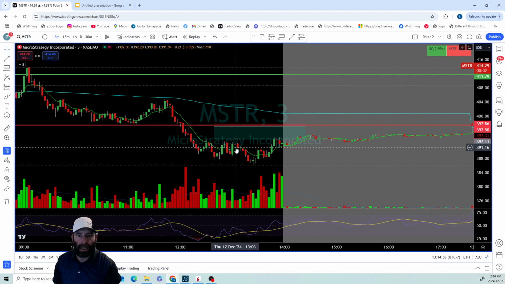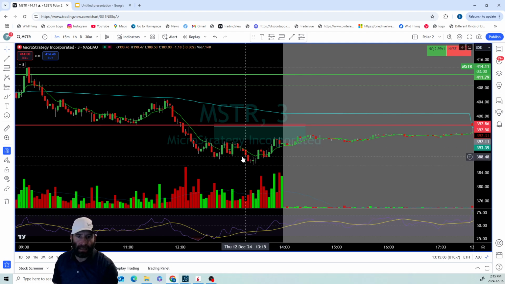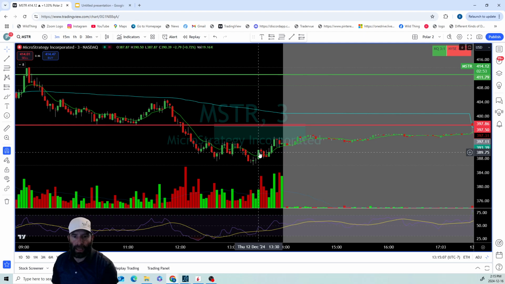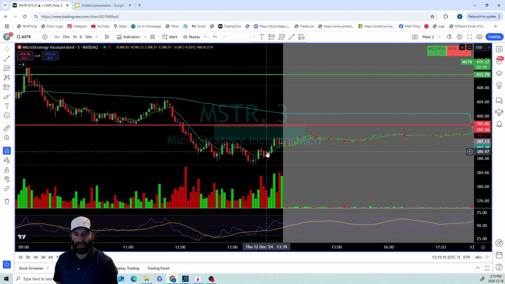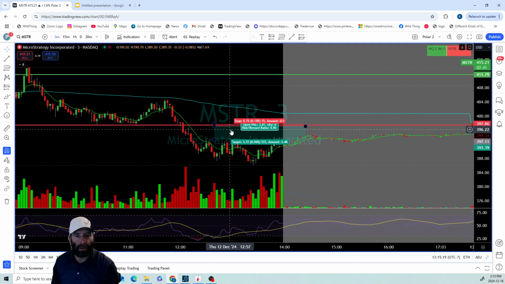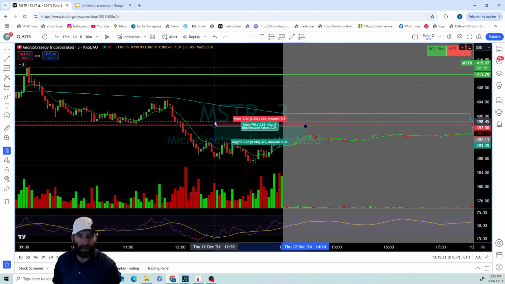Hopefully we get a nice move lower down into the 380s, and as it turns out, we got that move. We dipped down into the 386 area, and then we got bought up over the 9 EMA again. So probably taking off that last quarter in the 380s is the best thing to do at that point. So what did this trade turn out to be?